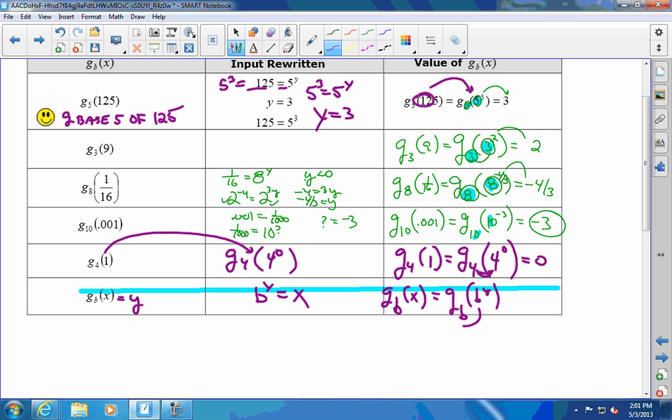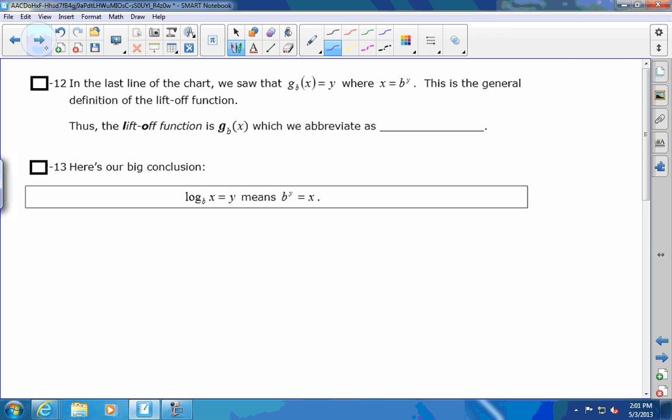And as long as my bases are equal, I'm right back to where I started with my original exponent on my exponential function. Okay. So in general, this last line, what we did is we said this function, log base b of x, is y when x is equal to b to the y.